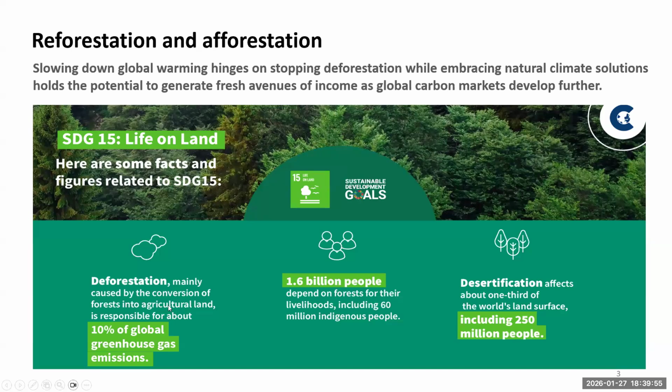This is mainly caused by the conversion of forests into agricultural land, and it is responsible for about 10% of global greenhouse gas emissions. So if we want to slow down global warming, we need to stop deforestation.